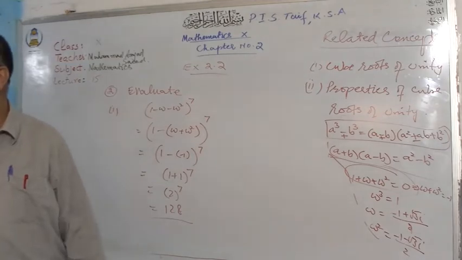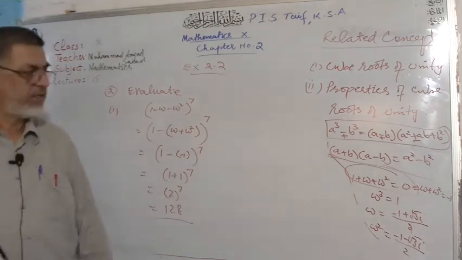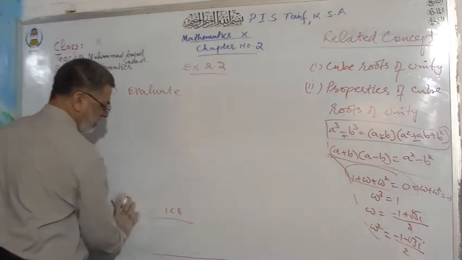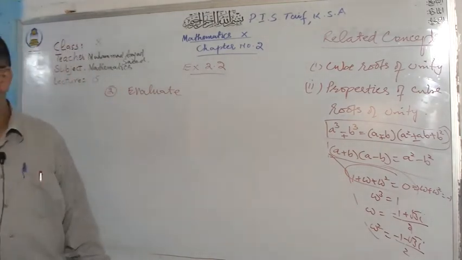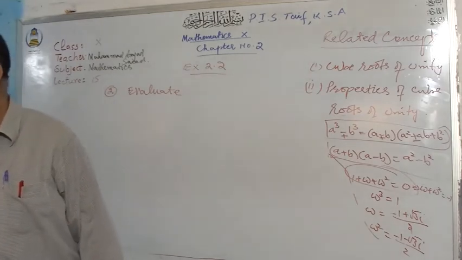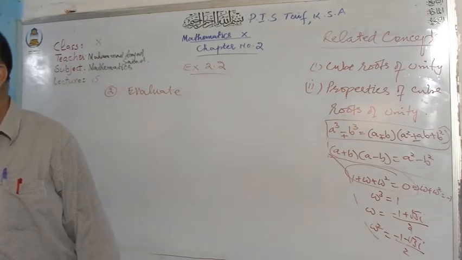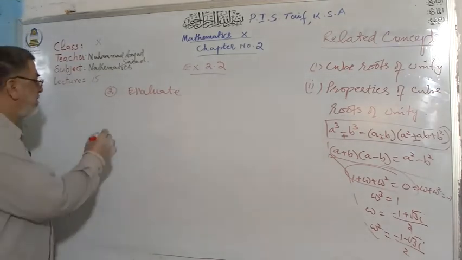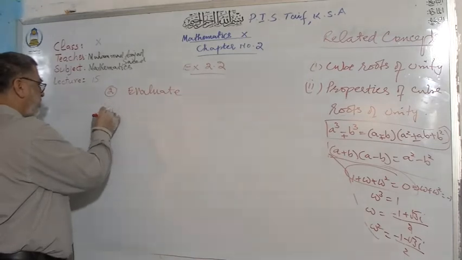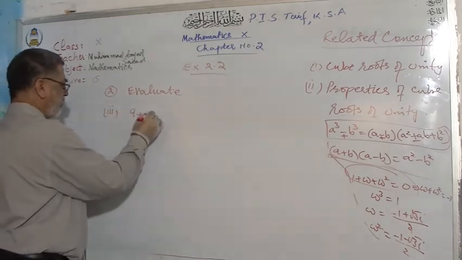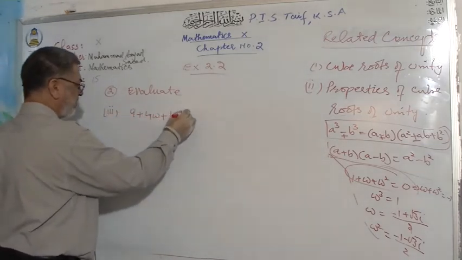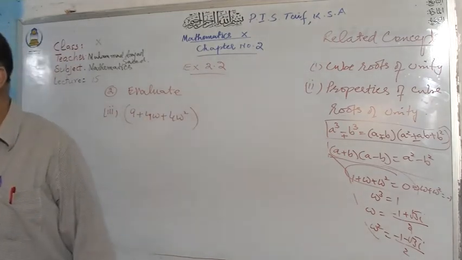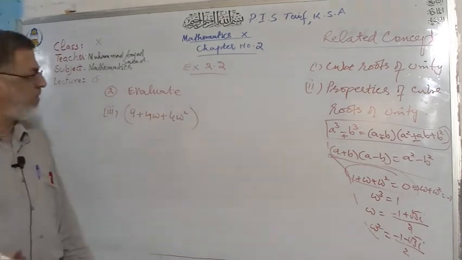After that, you have part number 2 and 3, they are similar. So we can do one part from part number 2 and 3. So this is part number 3 I am taking. 9 plus 4 omega plus 4 omega square whole power 3.